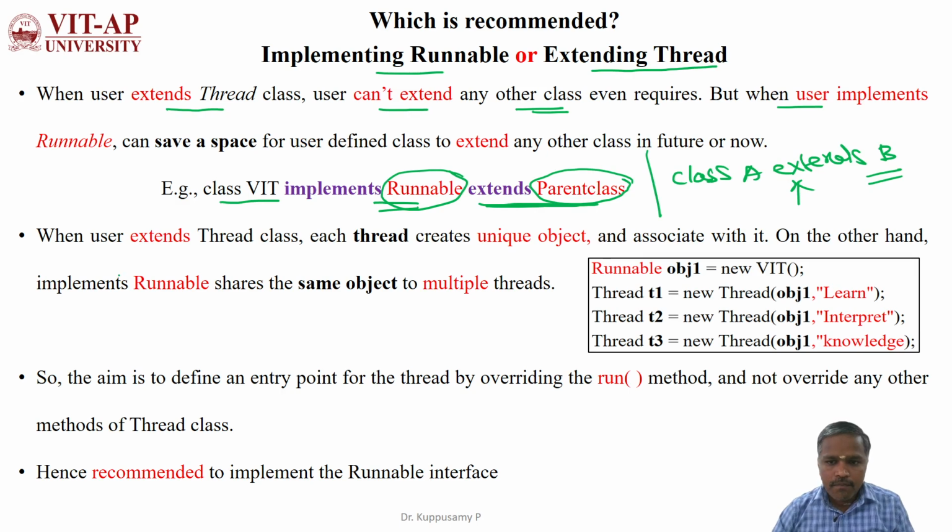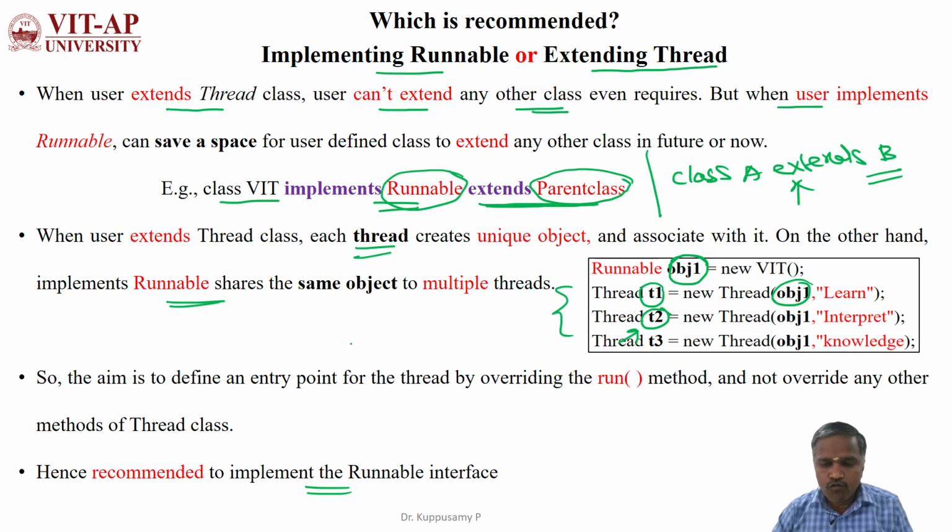So here the user is recommended to use the Runnable interface rather than the Thread class to create the object. For example, when the user is using the Runnable interface, he can use a single object for multiple threads. You look at that, this obj1 is used for multiple threads, but when you are using the Thread class, you cannot use it like this.